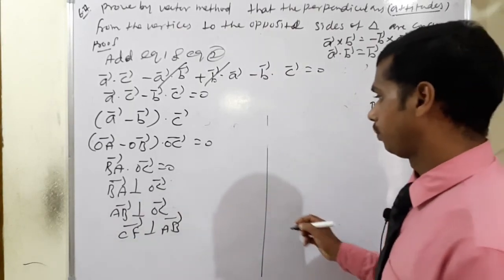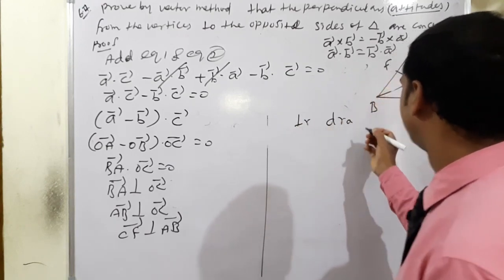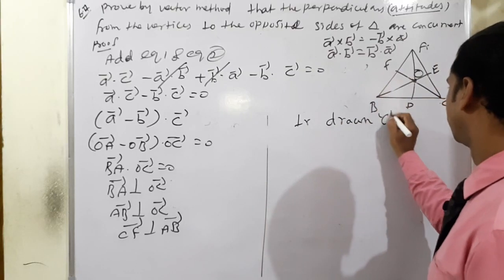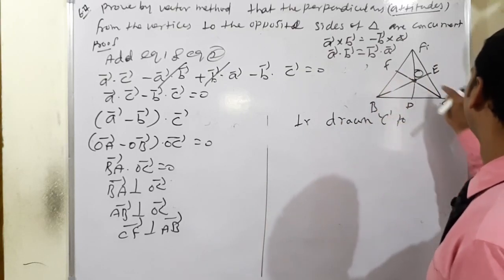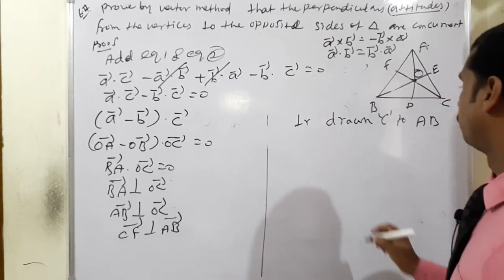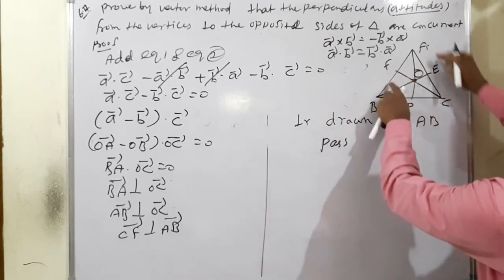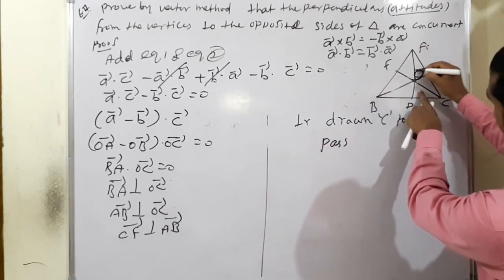So CF, perpendicular drawn from C to AB. C to AB passes through O. So C to AB passes through origin point O, no?